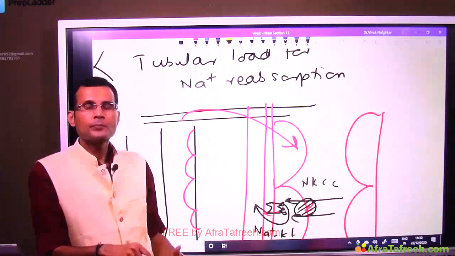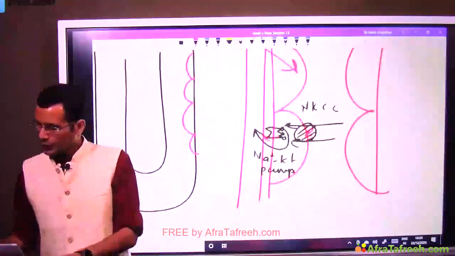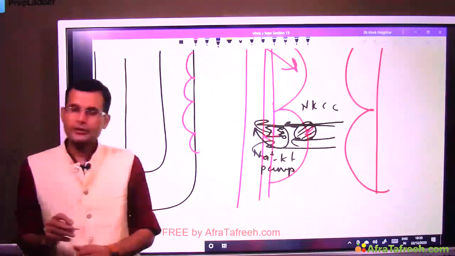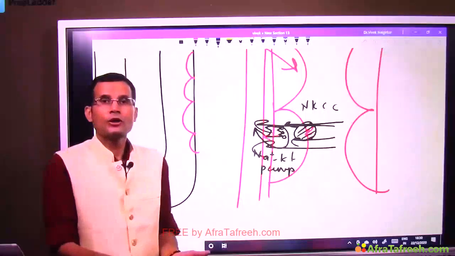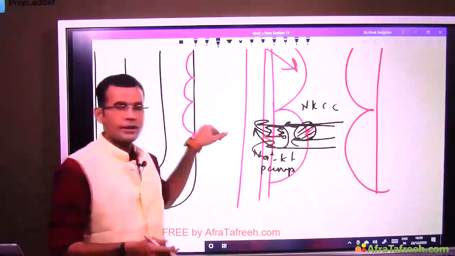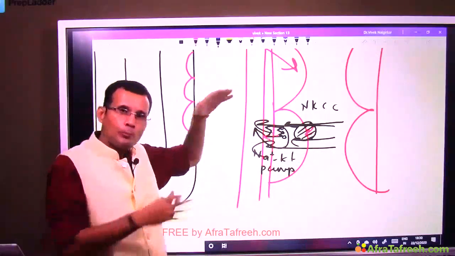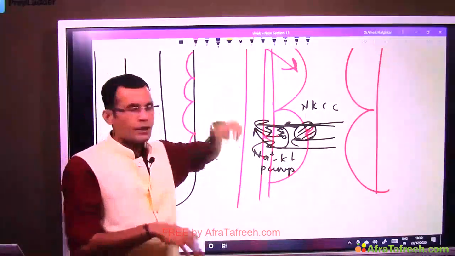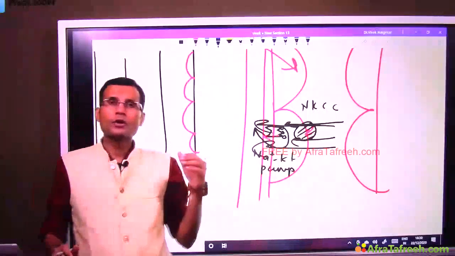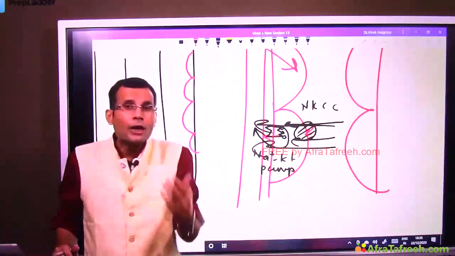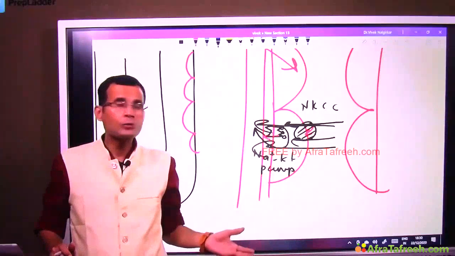paracellular mechanism. Look, if the sodium is transported like this across the cell, then that's a transcellular mechanism. But there can be a paracellular mechanism also, between the cells. By paracellular mechanism or by electrochemical gradient, the sodium movement is driven out.